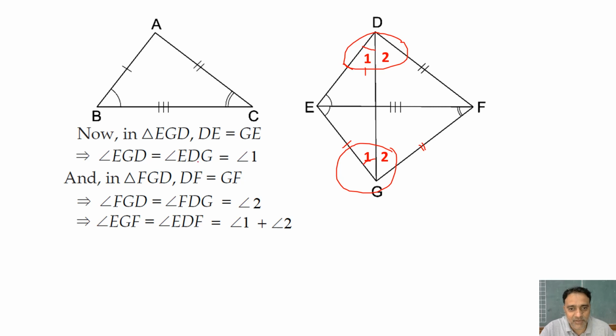See, both are equal to angle 1, both are equal to angle 2. If we add these two angles, then they are equal to each other. Any doubt? No, sir. Okay. So now, angle A is equal to angle EGF. Already we have proved these two angles are equal.